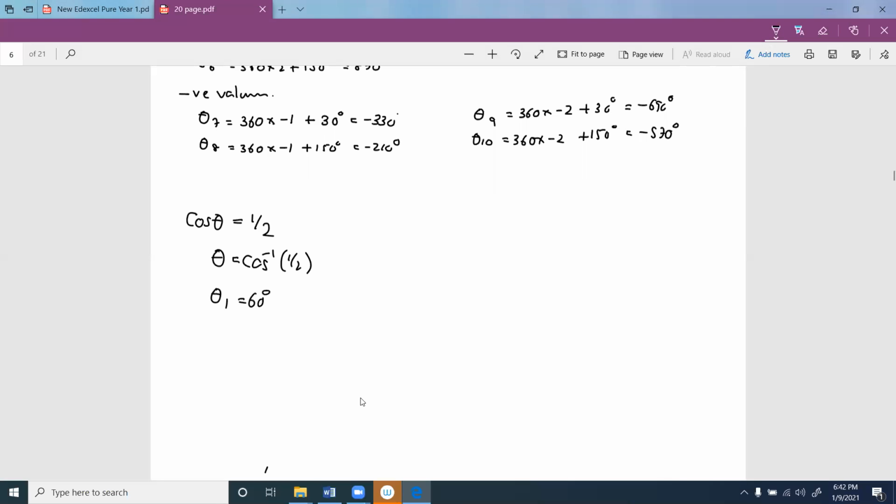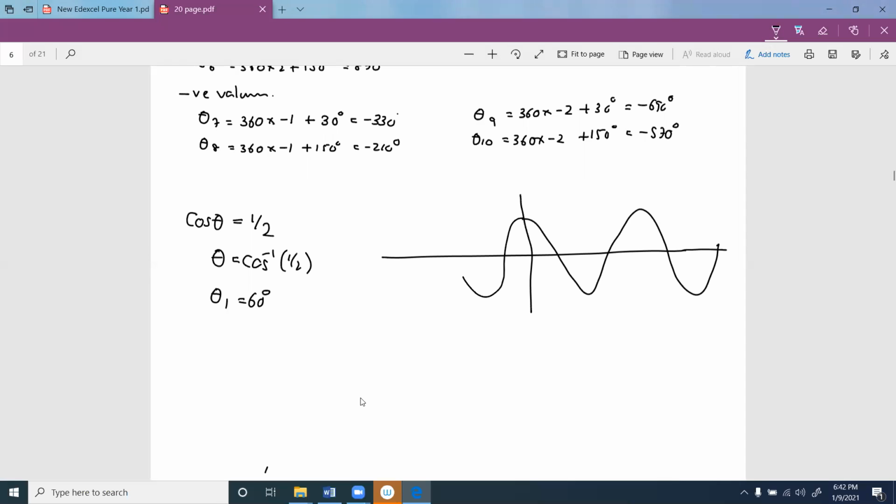It's 60. Then we know that if you draw a cos theta graph, just the line is a little bit crooked, don't worry. So the cos theta graph is just like this. Sorry, this graph is kind of weird, just ignore that.